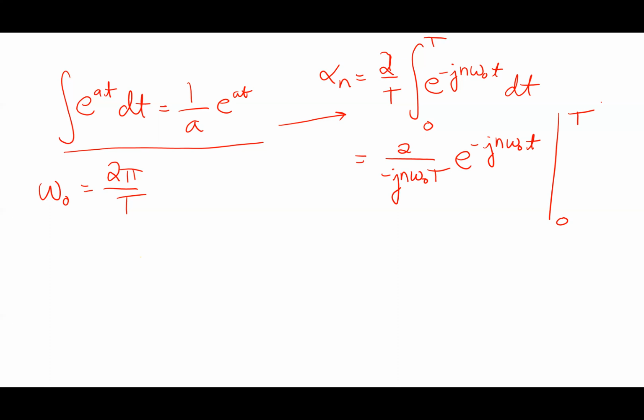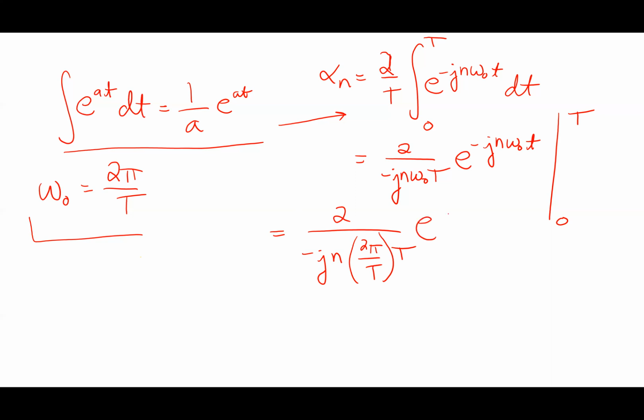Okay. Now, the whole reason why I said this omega naught equals 2 pi over T is this guy's getting ugly. It's got lots of symbols, right? I got the whole Greek alphabet showing up here, right? So if I look at this thing, omega naught's 2 pi over T, I can say that this is 2 over negative j n, omega naught was 2 pi over T. So I'm going to turn the omega naught into 2 pi over T times T. Okay.